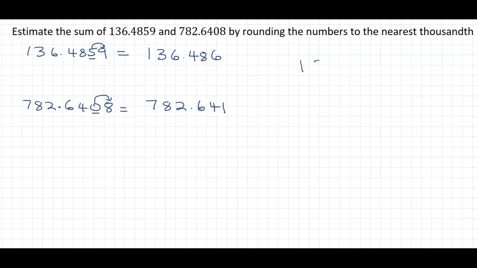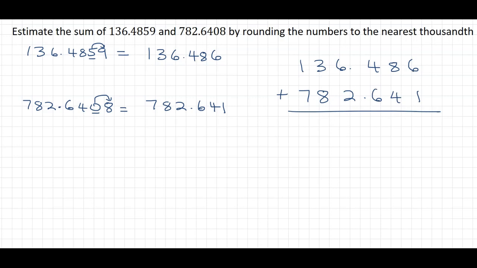We have 136.486 plus 782.641. Now we're going to add these numbers together. 6 plus 1, we have 7. 8 plus 4, we have 12. So I'm going to write 2 here and bring 1 up here. 1 plus 4 is 5. 5 plus 6 is 11.